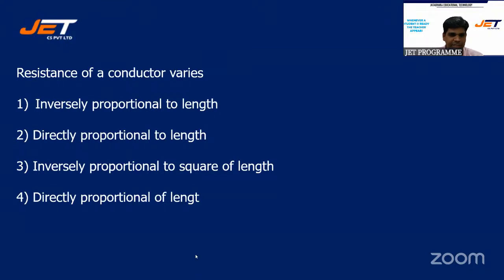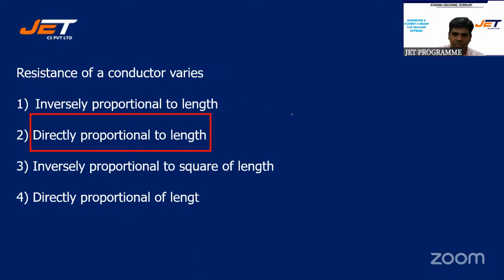Resistance of a conductor varies directly proportional to length, inversely proportional to square of length. So how does resistance of a conductor vary? If length varies, how does resistance vary? We know that it's directly proportional to length, right? So let's go forward. It's directly proportional to length. What is the formula?